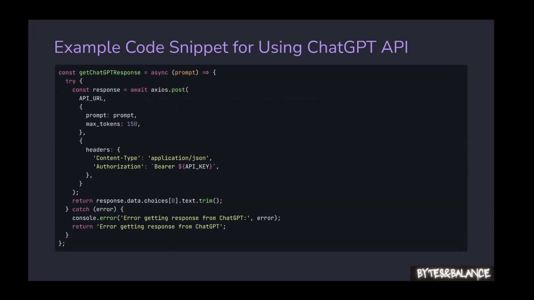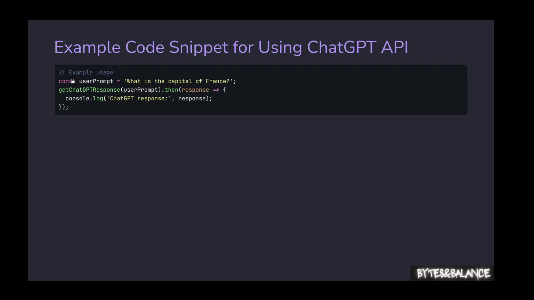Then you've got this function. The getChatGPTResponse function sends a POST request to the API with a prompt and returns the response from ChatGPT. You can see that this is a POST, and you've seen POST before. The API key goes to authorization in the headers, and the prompt is whatever prompt you want to enter, like about the mood support. And then we've got the try and catch that you've seen before to catch any errors.